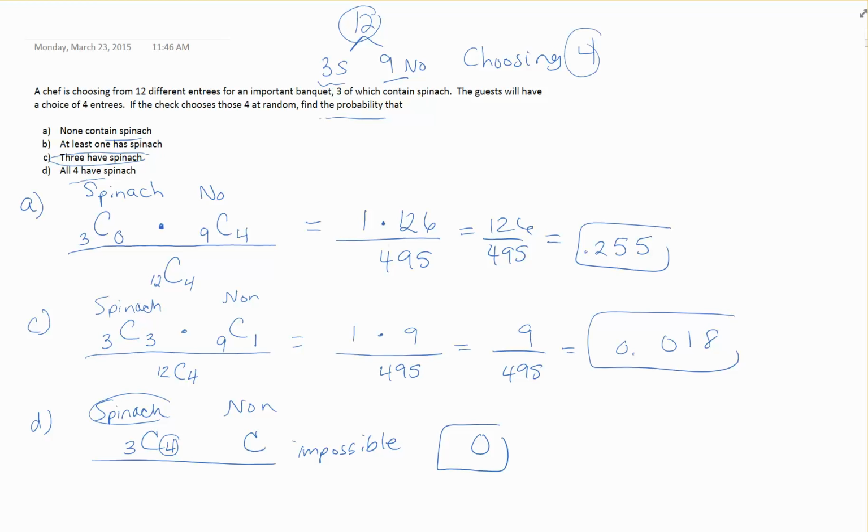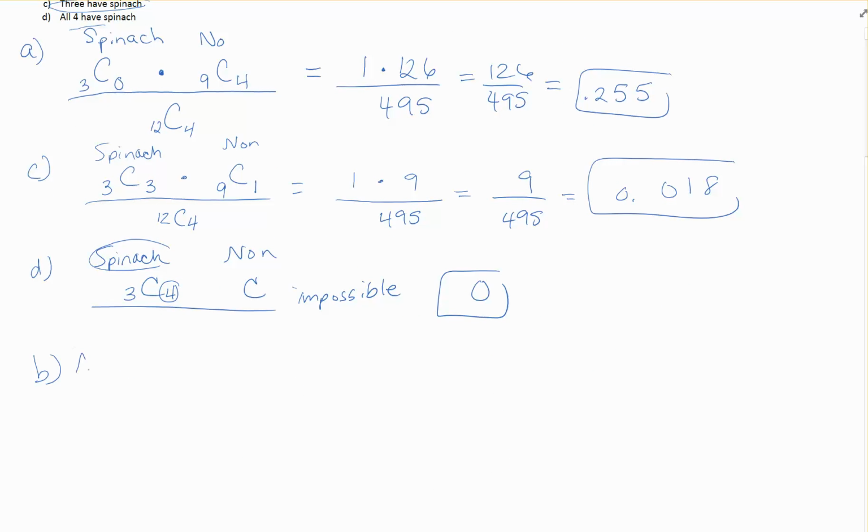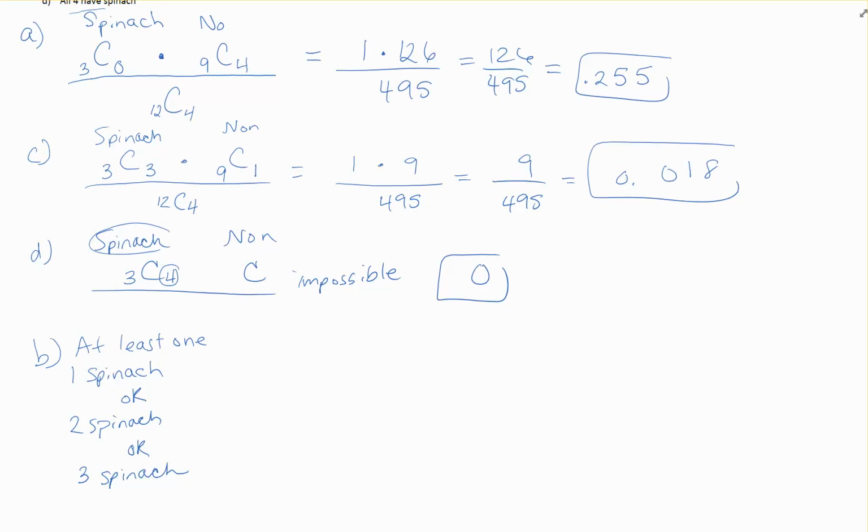So now let's go back to B. Find the probability that at least one entree has spinach. Well, at least one means we can pick 1 spinach or 2 spinach entrees or 3. So at least 1 spinach is 1 or 2 or 3.